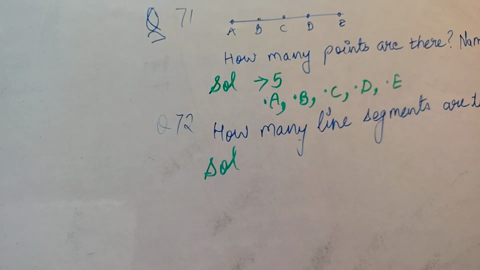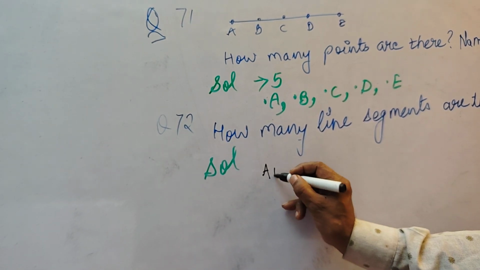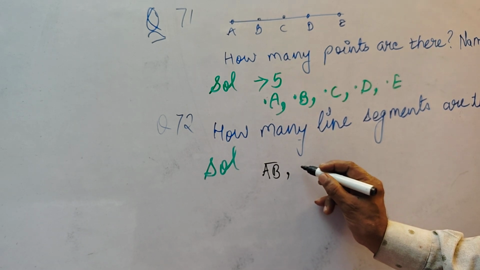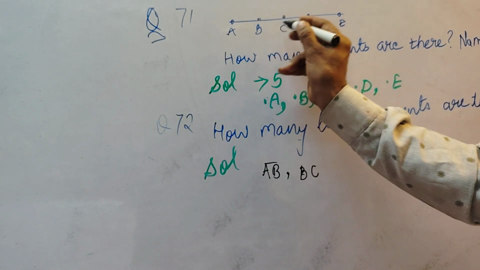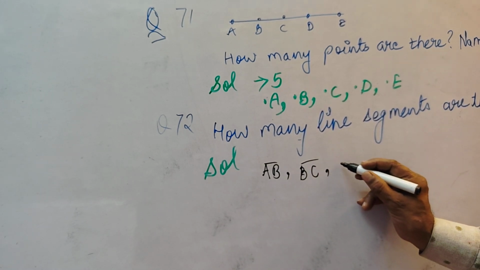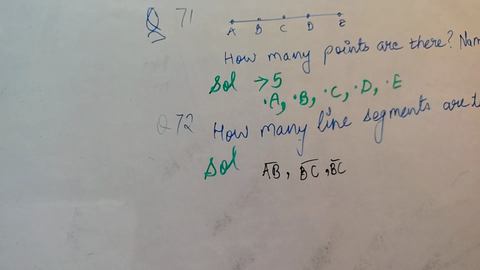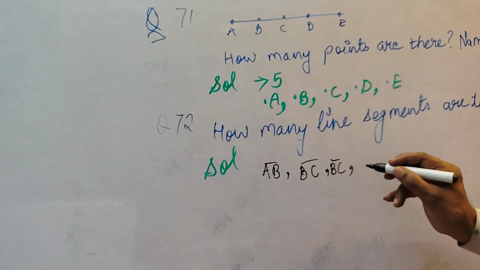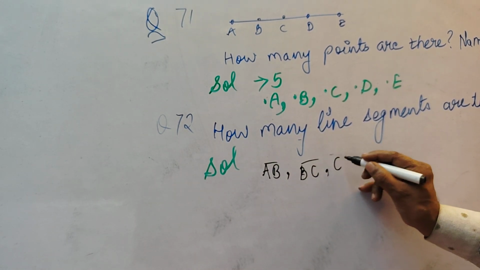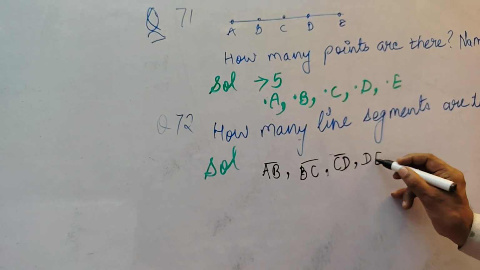First one is AB. Then we take the smaller ones first: BC, one part, otherwise we can overlap and miss some. Then CD, then DE. These are the smaller ones.